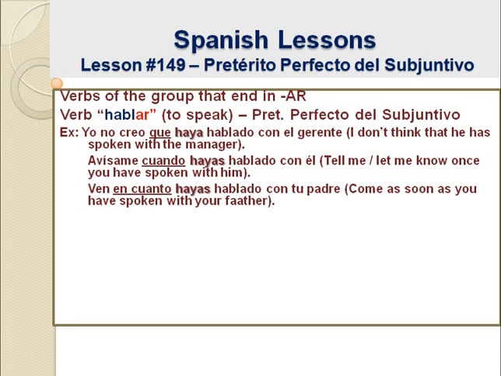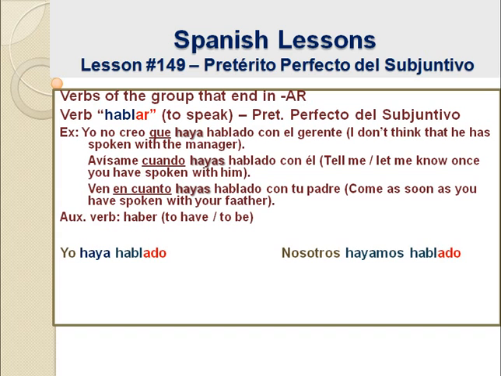Not only are we using the verb hablar, that is the one we want to conjugate, but we need an auxiliary verb. Our auxiliary verb for pretérito perfecto del subjuntivo is the verb haber. So it's going to be the verb haber, the auxiliary verb, that is going to be conjugated for each subject pronoun, as you can see here.